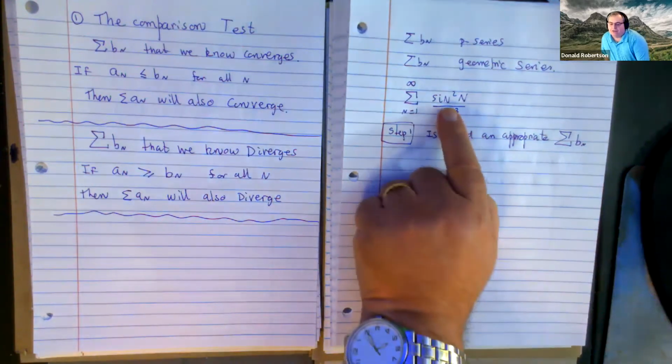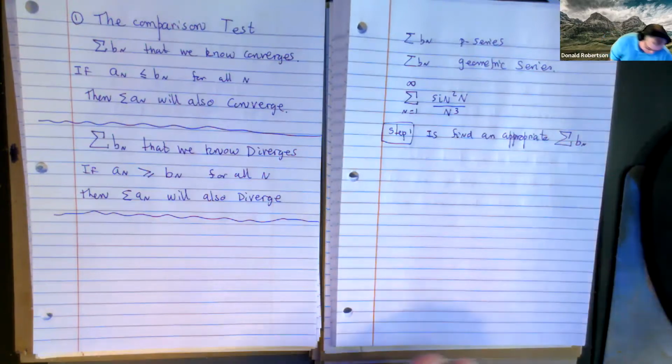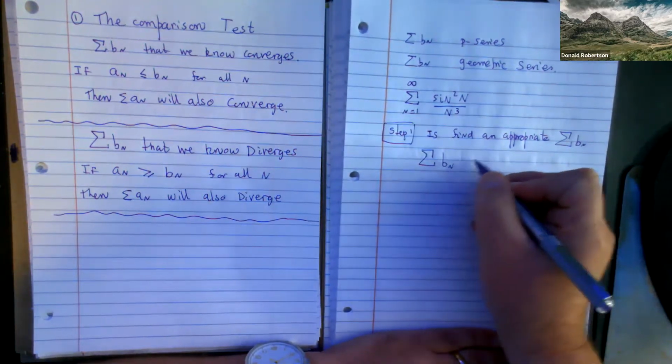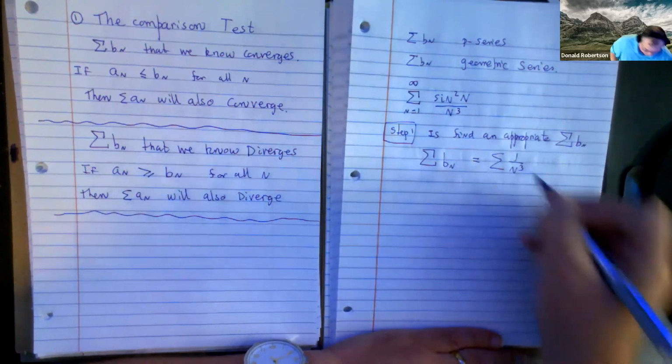Right, now if you look at sine squared n over n cubed, and you wanted to find a p series, because that's typically a p series, would it seem reasonable that a good choice would be 1 over n cubed?